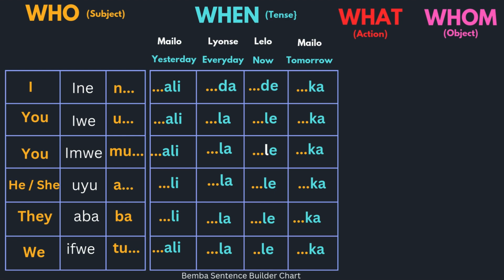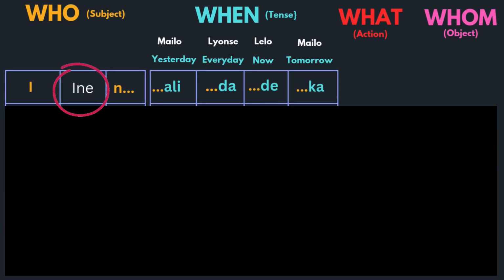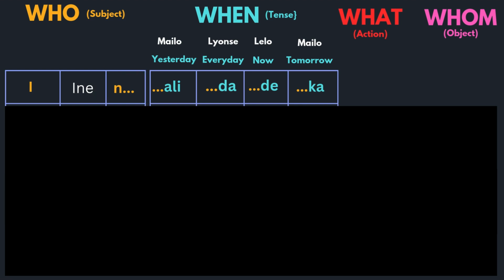We have covered in a previous lesson that the subject, when we're talking about me, in Bemba, me is ine. And when we make a sentence, there's a marker for me. That part is N.